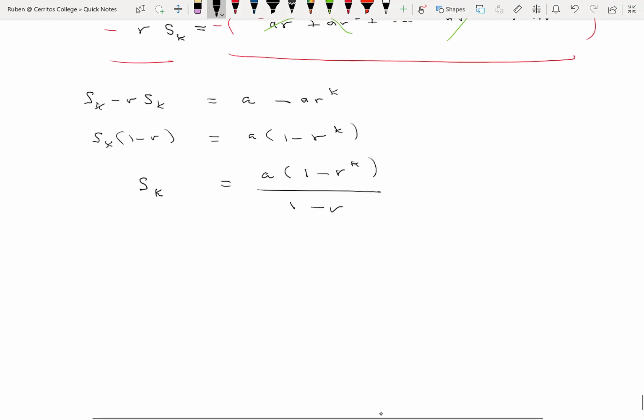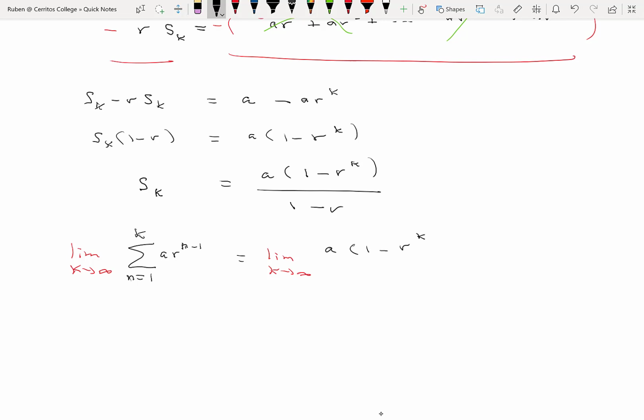Keep in mind that the sum of the first k terms is the sum of ar to the n minus 1 as n ranges from the first order to the kth order, and then the limit of that as k goes to infinity, or the limit as k goes to infinity of the right-hand side, a times 1 minus r to the k over 1 minus r.